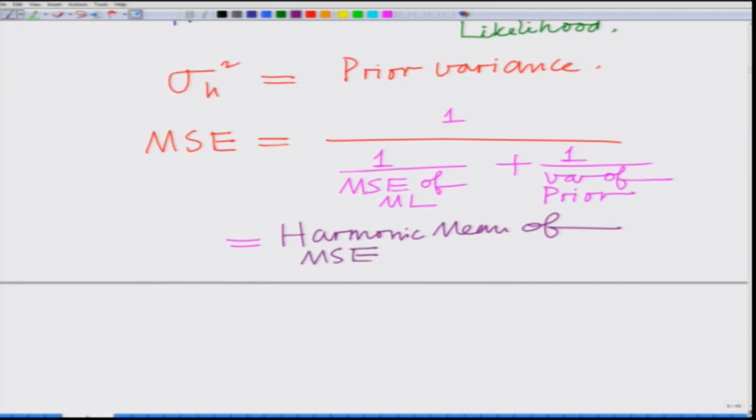So, this is basically the harmonic mean of the MSE of the ML estimate and the variance of the prior.